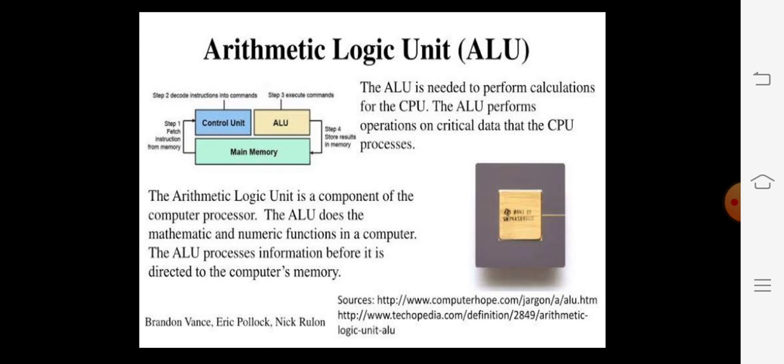Coming to the next one, arithmetic and logical unit in depth. As we have all studied what the machine cycle is, the ALU is needed to perform calculations for the CPU. The arithmetic logical unit is a component of the computer processor that does the mathematical and numeric functions in a computer before it is directed to the computer's memory.